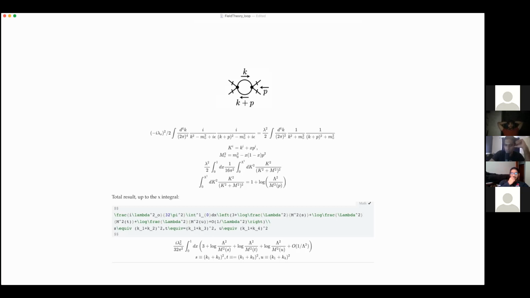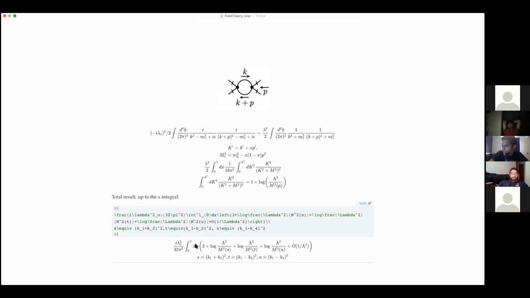Maybe there's a typo somewhere. Because K1 plus K2 equals K3 plus K4, and then you square each of them, right? So K1 minus K3 squared equals K4 minus K2 squared. The same for U. Okay. So S is the only one that gets the plus sign. Okay, thanks.